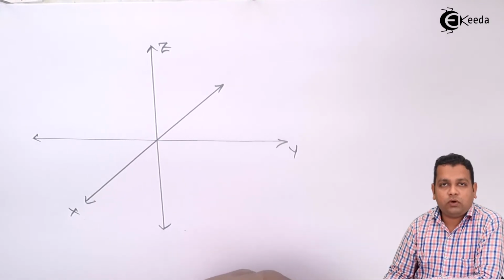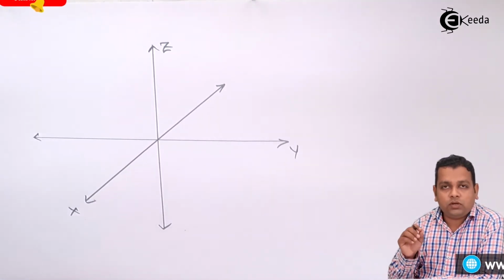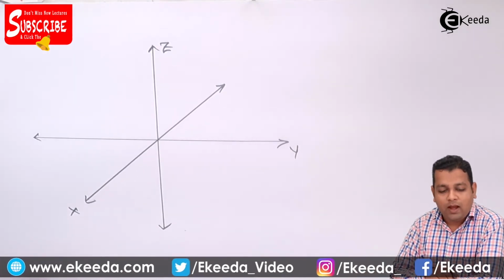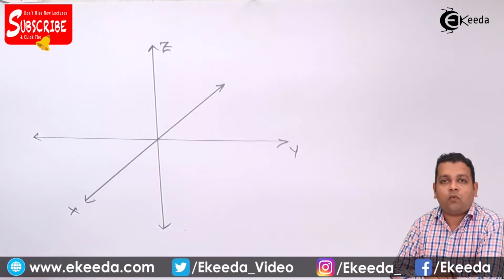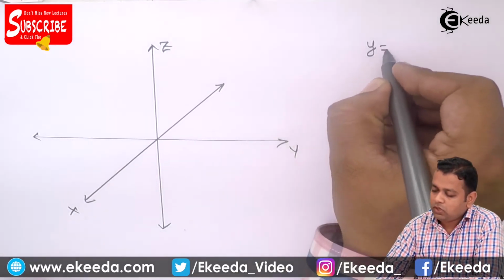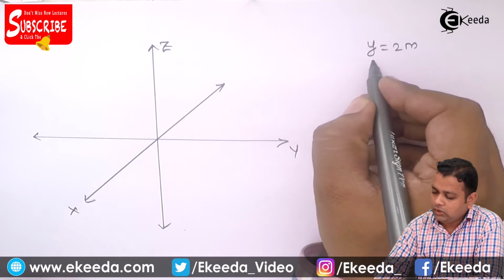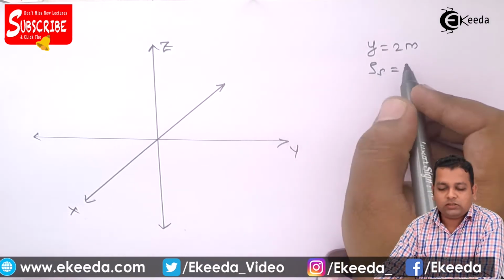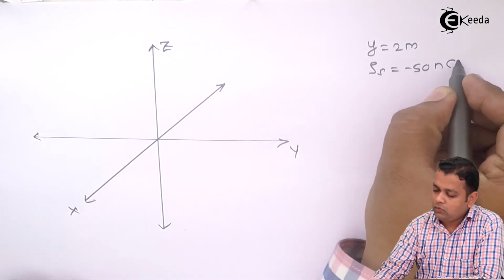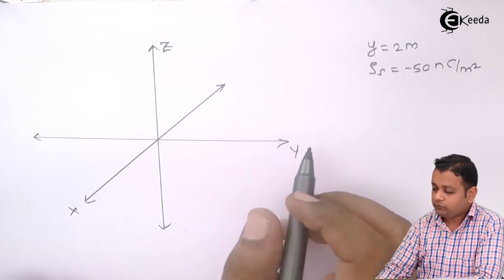As per the information given, the first charge configuration is a sheet of charge located at y equal to 2 meters, with surface charge density rho_s equal to minus 50 nanocoulomb per meter square.